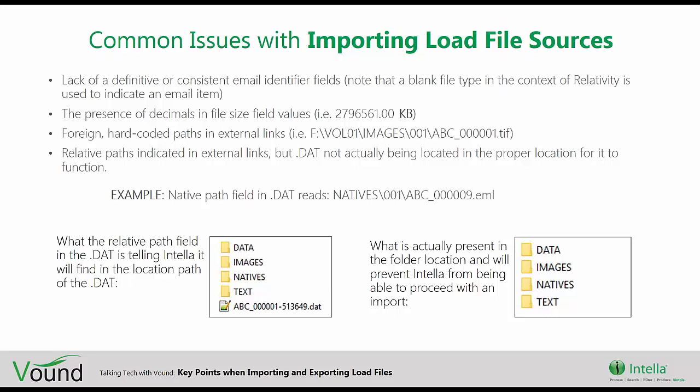If we take ABC and see our DAT file in the screenshot on the left, and then we see the natives path in our field, we see that the natives folder is right there. Within that natives folder is the 001 subfolder, and within that is the ABC 009 email. So when you see the native path constructed in that manner, I like to say that it's what the software is looking for south of, so to speak, the load file. You can see that regardless of where that load file is, the path information of wherever that is on your computer does not matter.